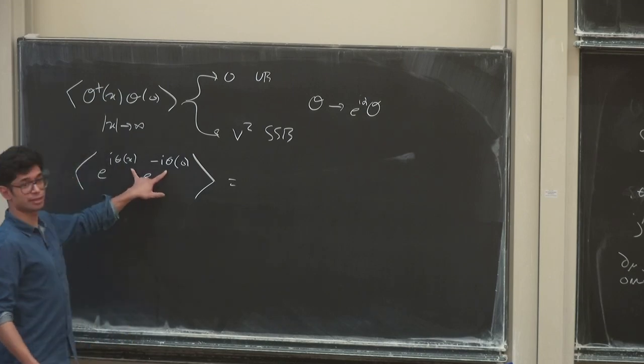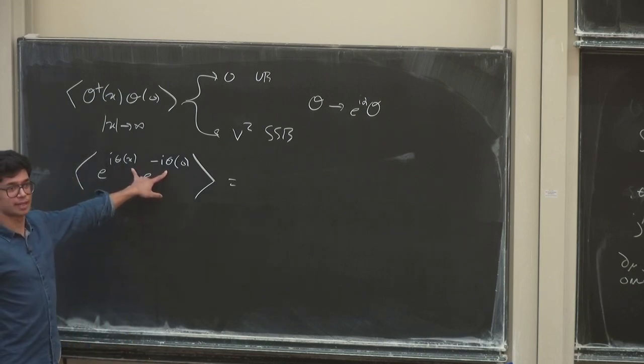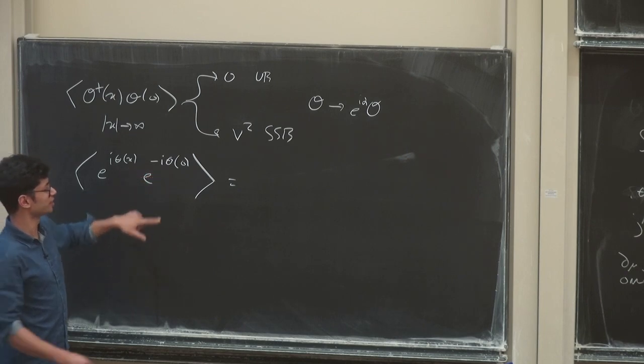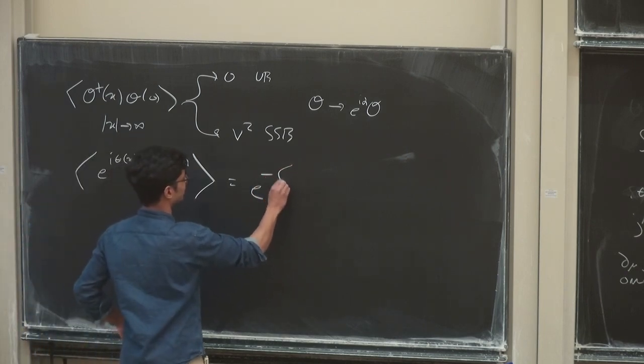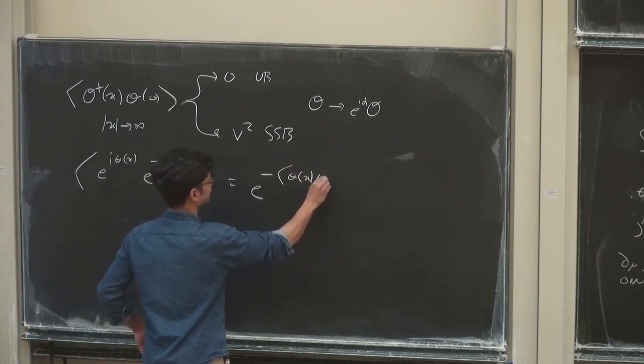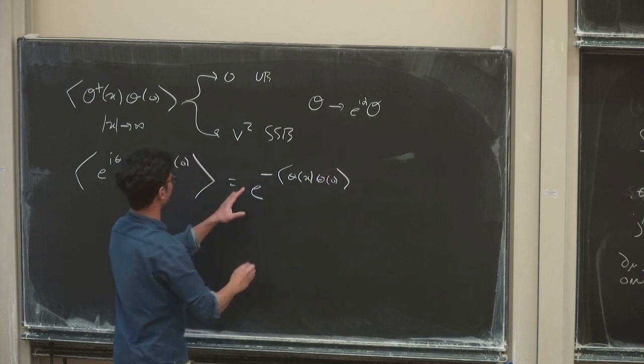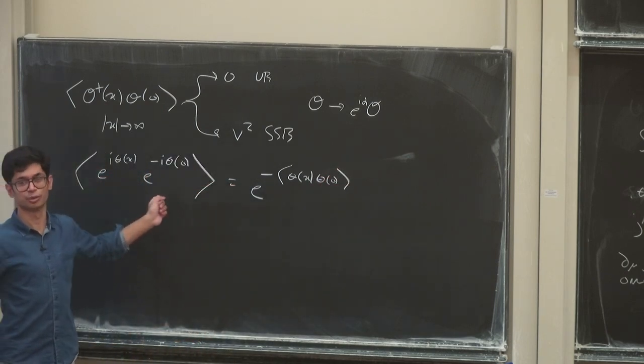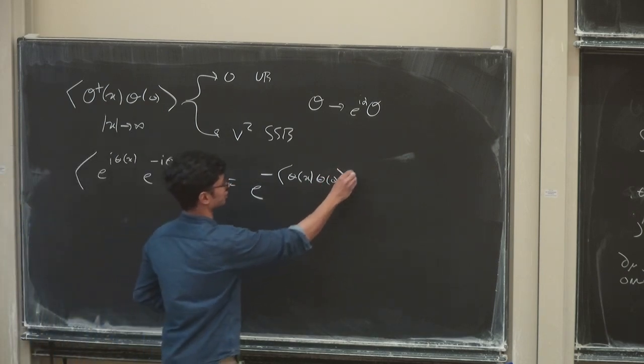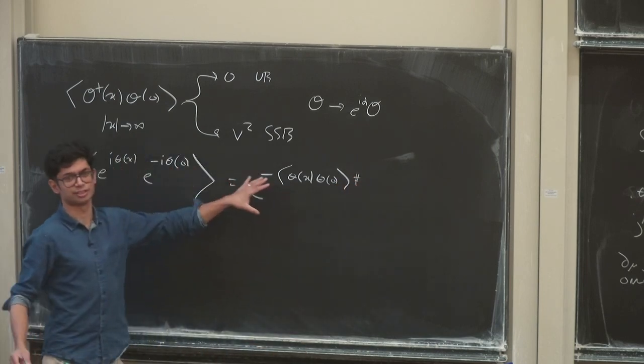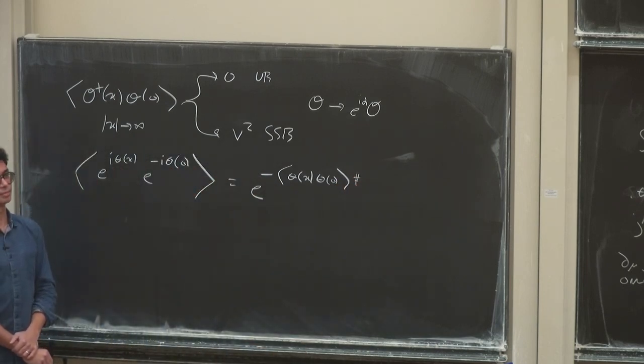This is a Gaussian theory, which means there's some formula that I keep forgetting that means that you can take the exponential of these two things and write it like this. This has a name. It's like Wick's theorem or something like that. Anyway, this is true in a Gaussian theory. It's in Polchinski. So this is true because theta is Gaussian.